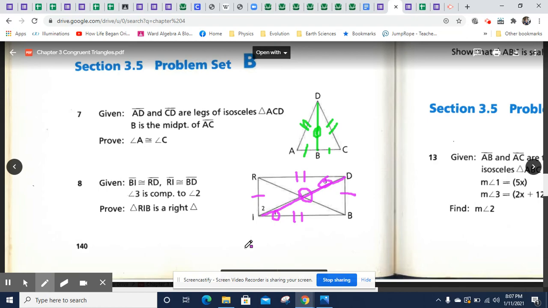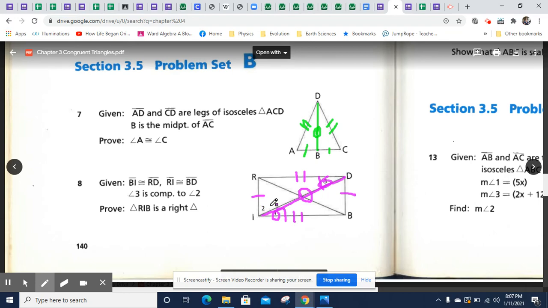Okay, and thank you for bearing with me as I work this out. Okay, so BDI and RID are both congruent, and that means that these two angles are congruent to each other. Now, 3 and 2 are complementary. Angles that are congruent to each other are also complementary to whatever.